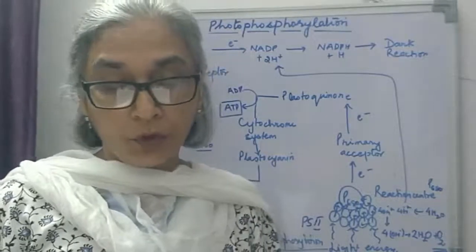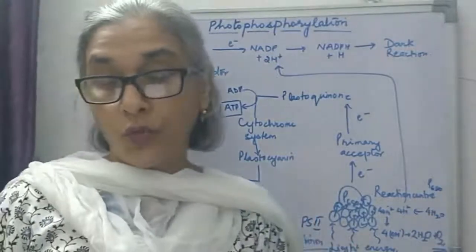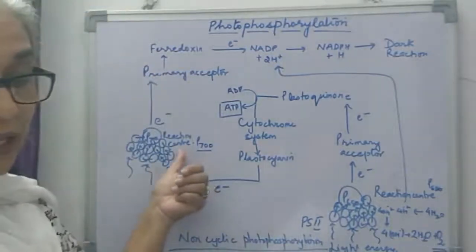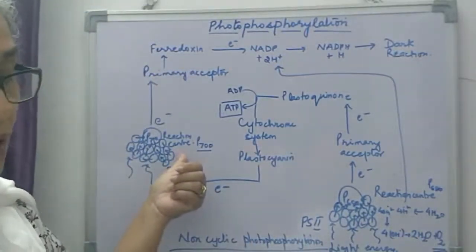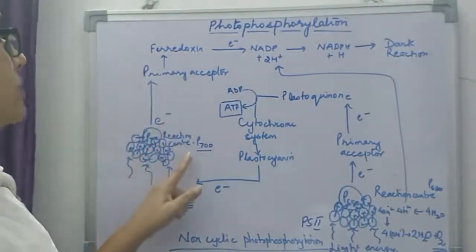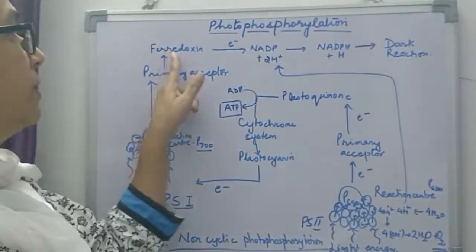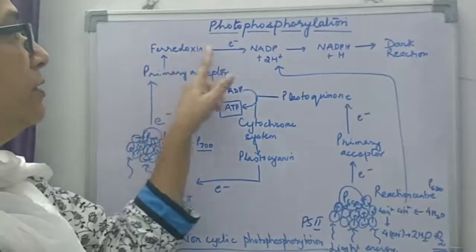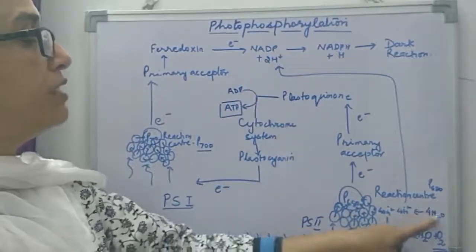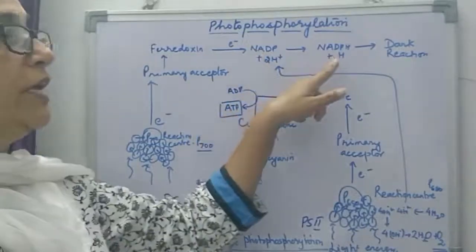It involves both photosystems, photosystem 1 and photosystem 2. Electrons expelled by the reaction center pigment molecules are not returned back to them. You can see the electron expelled from photosystem 1 is accepted by the primary acceptor, which is then accepted by ferredoxin, which then goes to NADP, and hydrogen from the splitting of water combines with NADP and forms NADPH.